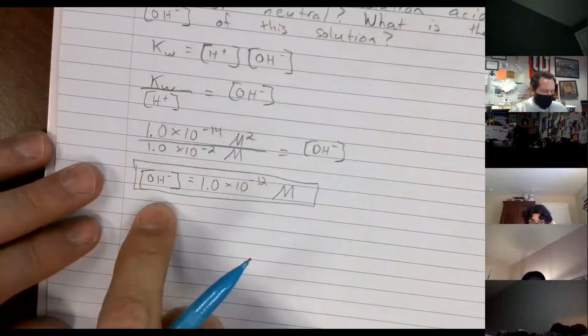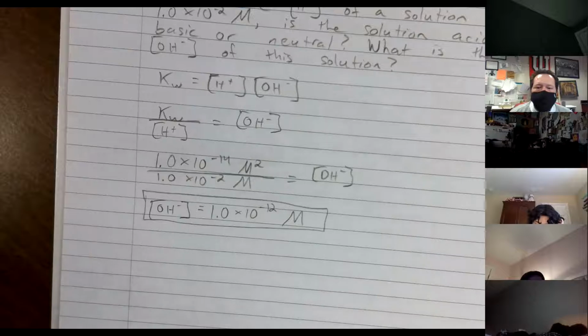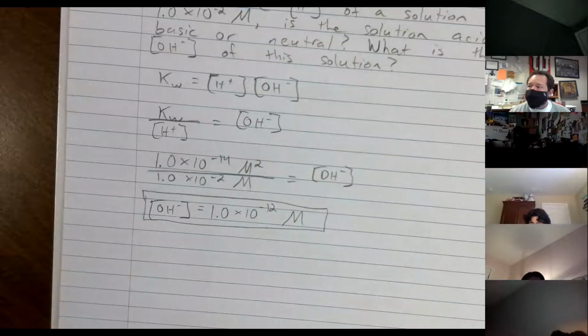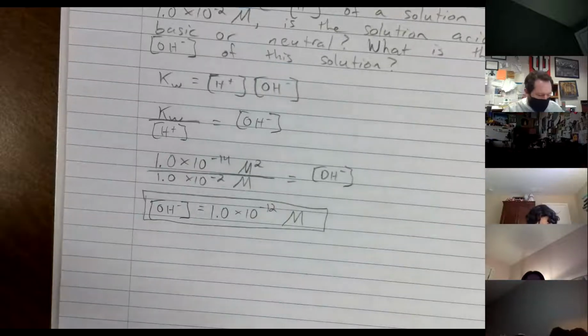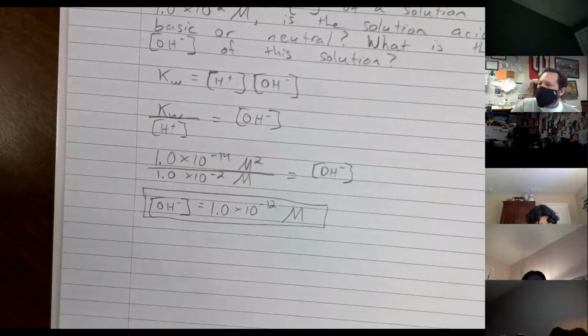Next part of the question here, though, now that we have our OH negative and we have our H plus, is this an acid, a base, or neutral? I can't tell if you guys don't like the big negative exponents or if you're just being quiet because you're being quiet.